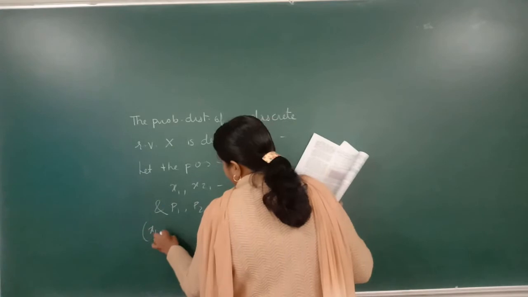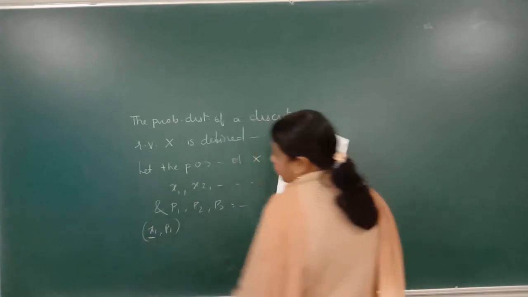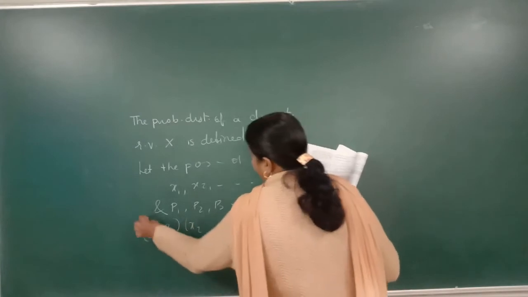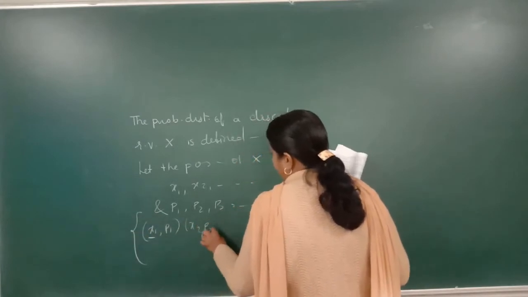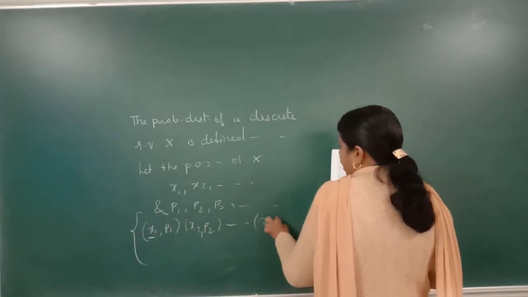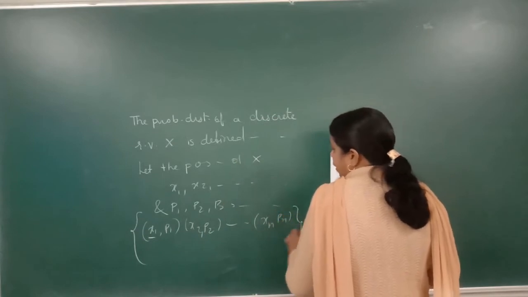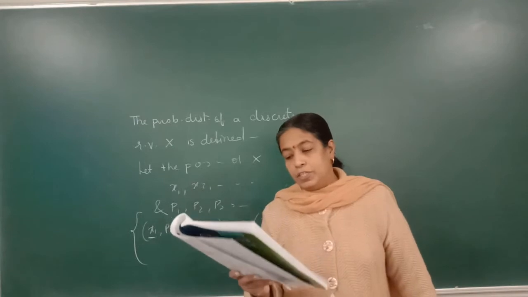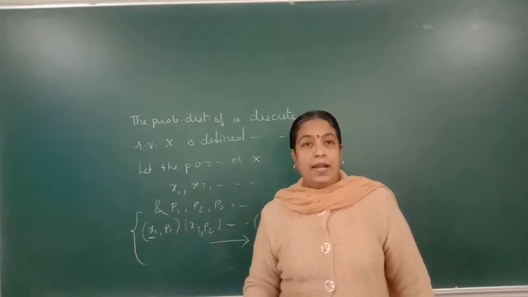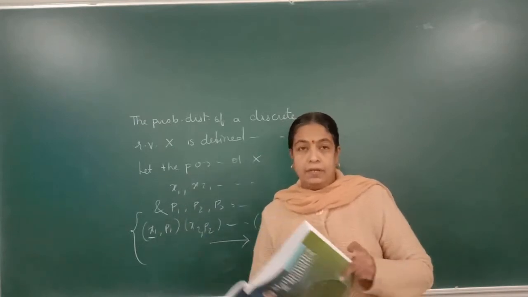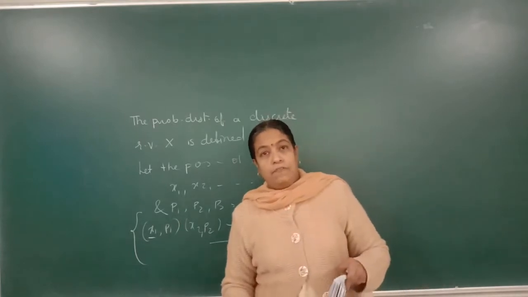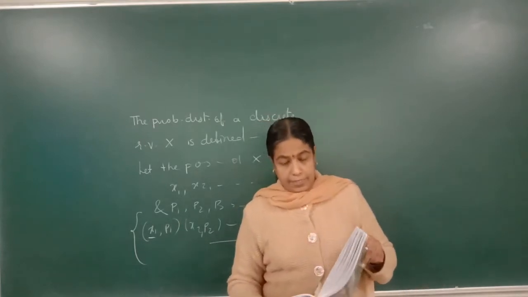If you have such a set, x1, p1, where x1 is the number and p1 is its probability, x2, p2 and so on up to xn, pn, this particular distribution is called the probability distribution of random variable x.